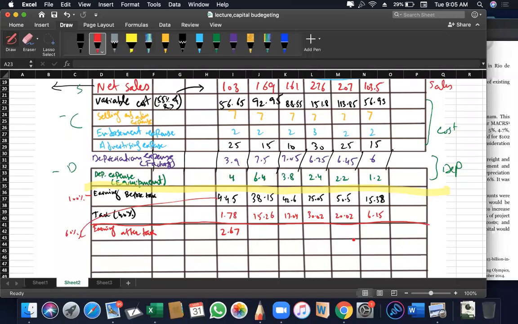38.15 multiplied with 0.6. So it will be 22.89. 42.6 multiplied with 0.6, it is 25.56.